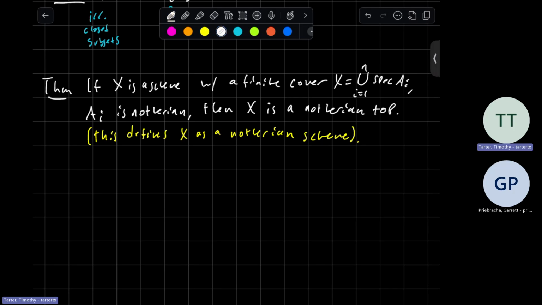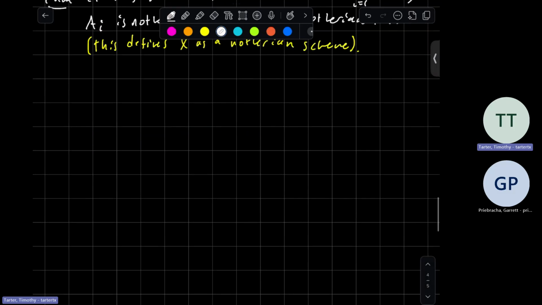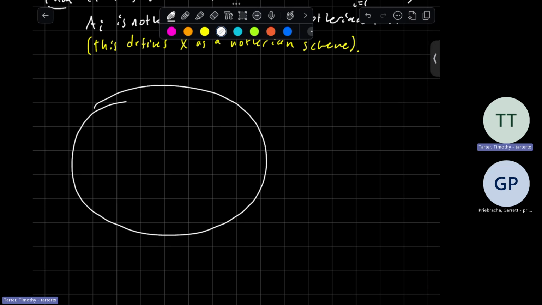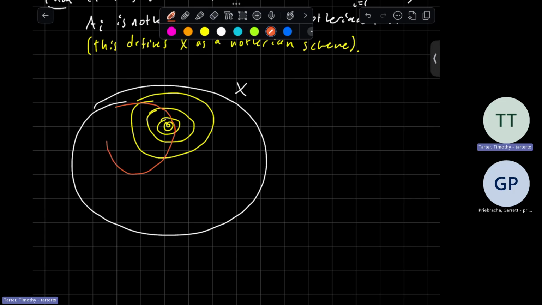Yeah, so Noetherian topology is descending chain condition on subspaces. And so if we pick, I'm going to draw this visually and then formalize. If we have all of X, and we pick some chain of subsets, then we know, at the very least, that there is some finite cover of these chains of subsets.